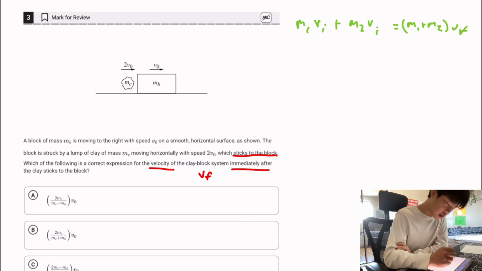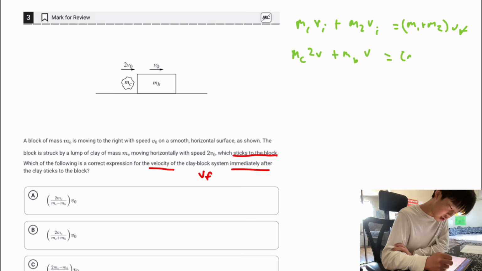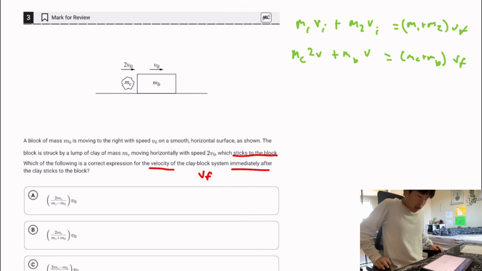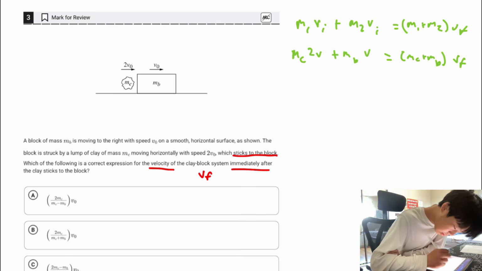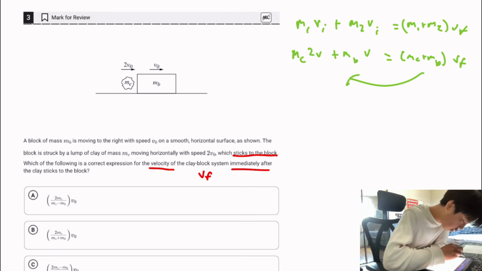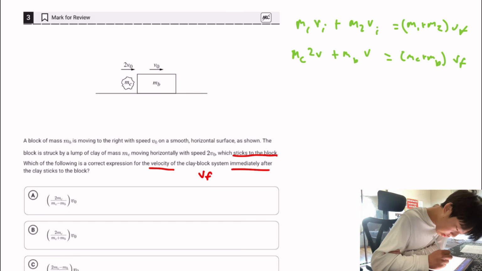In this case, it's going to be mc 2v plus mb v equals mc plus mb times vf. If it's asking for vf, all we have to do is divide both sides.